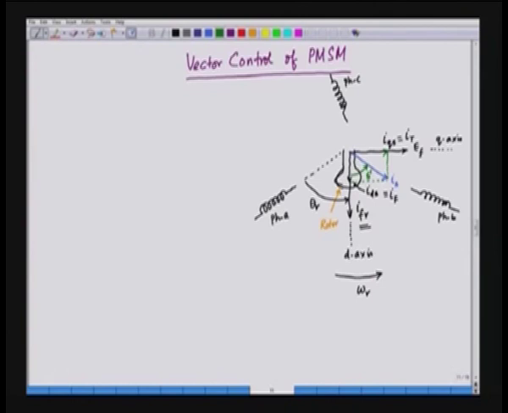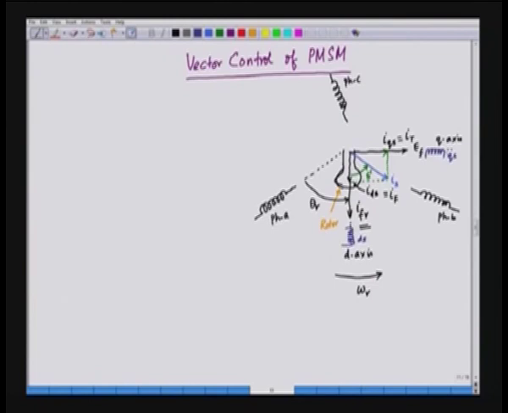So, in this situation, the reference frame is attached to the rotor. We have already derived the equations for the d axis and q axis. The d axis stator winding is housed here, so we can call it ds, the stator winding in the d axis, and this winding is qs, the stator winding in the q axis.